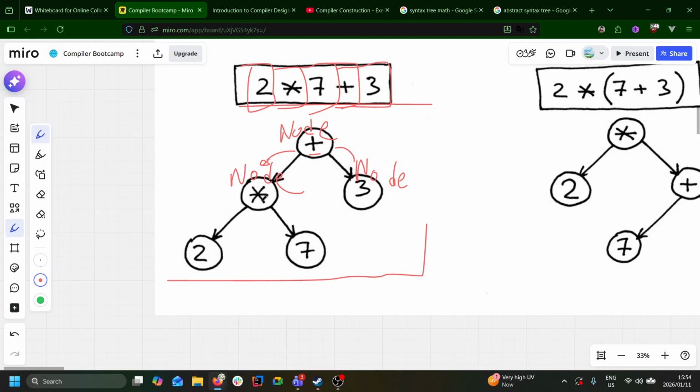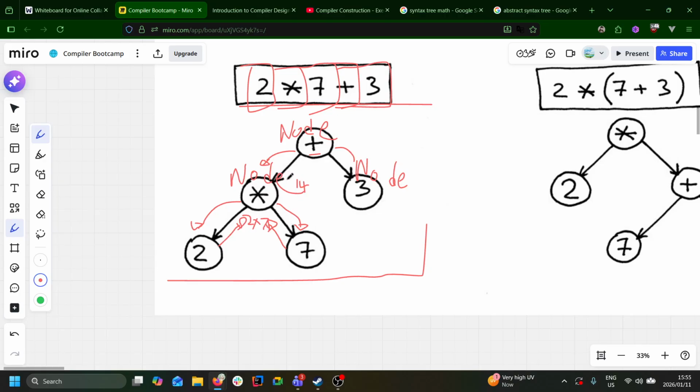But this one is a multiplication node, and to get its value it has to multiply its left-hand side with its right-hand side. So it says, give me your value. Since this is a number, it's going to return 2. Then it says, give me your value. It's going to return 7. And inside the logic over here, it will multiply these two together, and we're going to get 14.